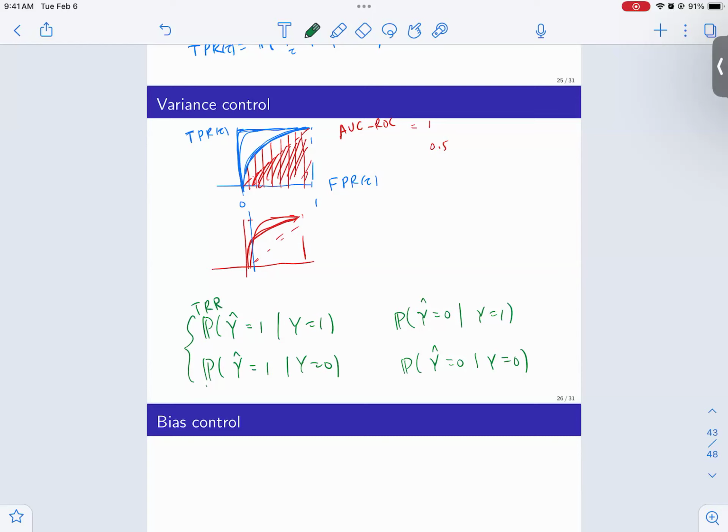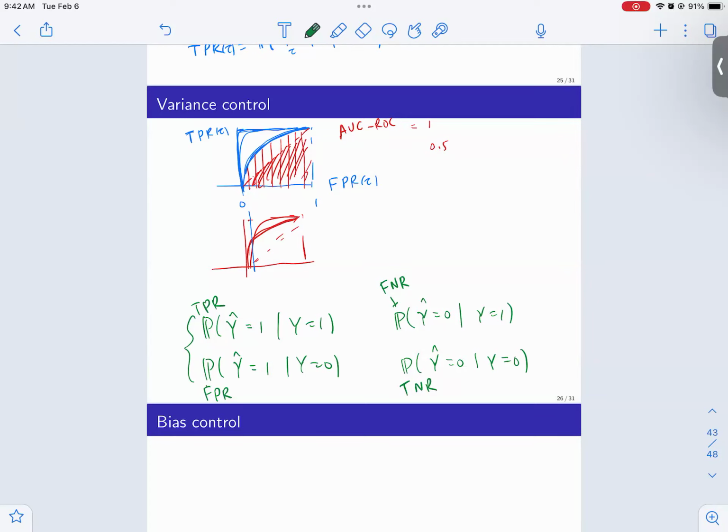This is false positive rate. This you can imagine is called false negative rate, and this is true negative rate. Negative is like 0, positive is 1. Rate means probability or fraction.